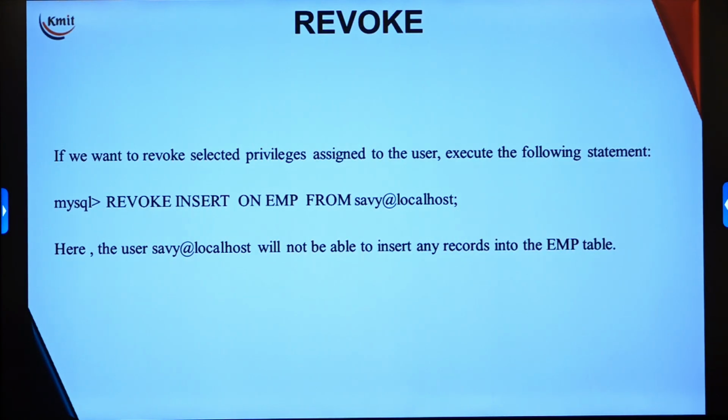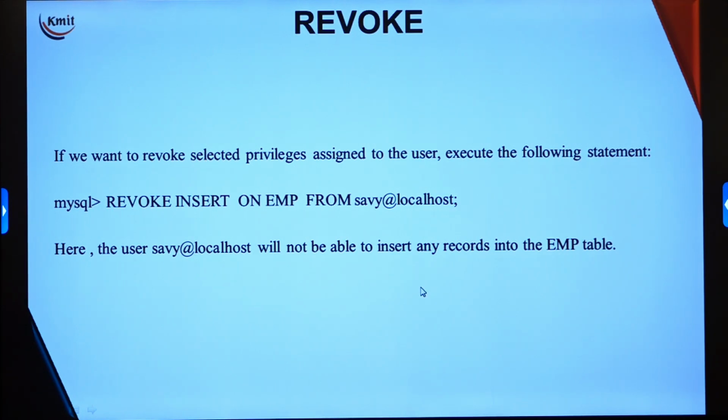Or we can specifically remove the privileges individually, say revoke insert on EMP from this particular user. So here it is the from keyword, so that from this particular user you will revoke the insert privilege which was actually given on the EMP table. Once this is executed, the user will no longer be able to insert records into the EMP table.